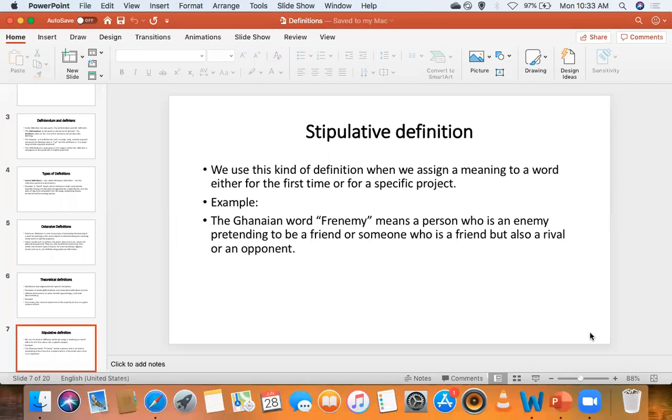Now, for another example, let's assume you are doing a project, an academic project, a thesis, or in school, maybe in your final year, and you are doing some research, and then you encountered something. You went to the dictionary to check whatever it is, and the dictionary definition does not satisfy what you see about it.